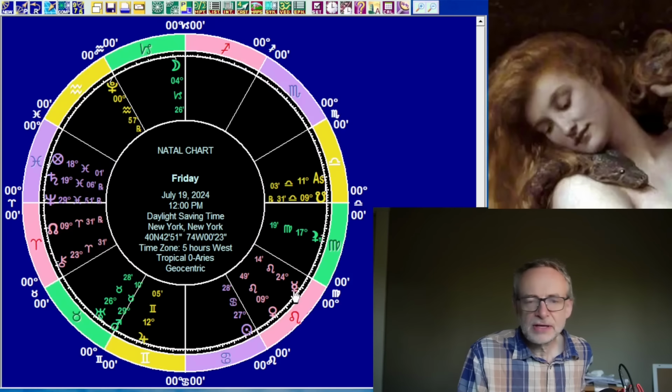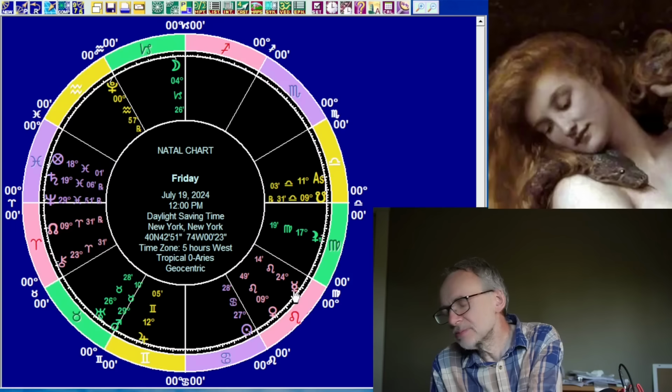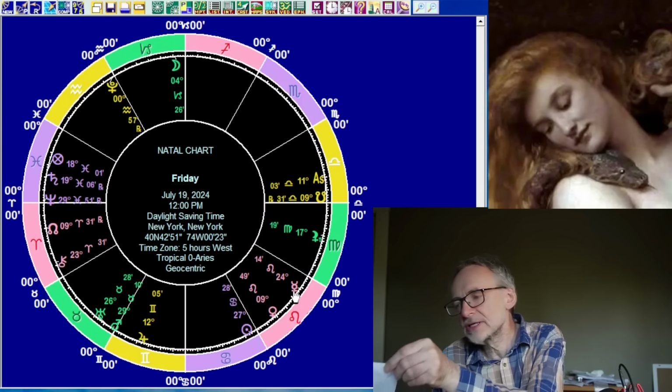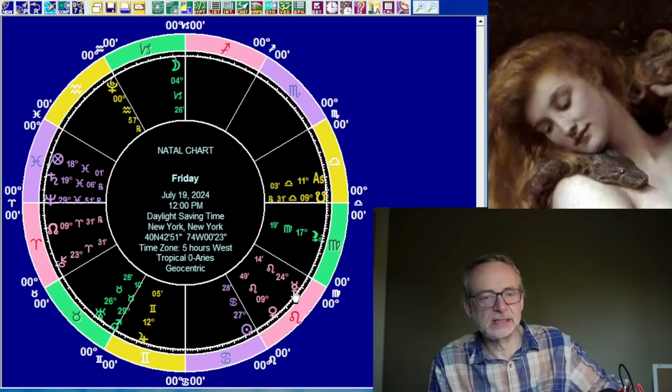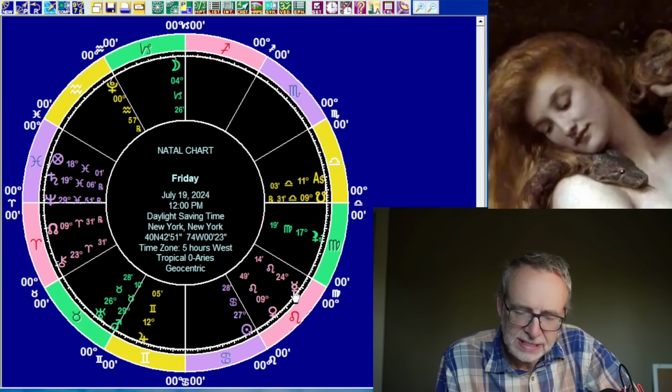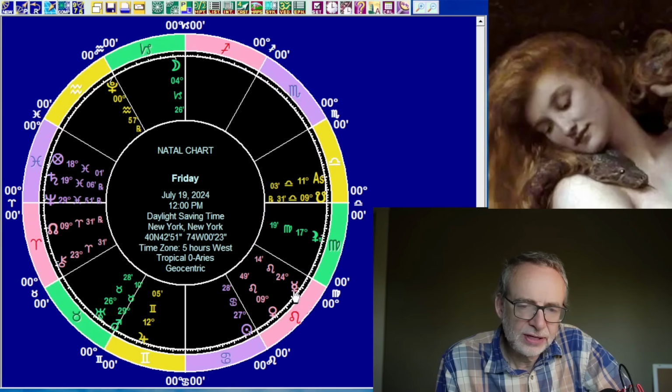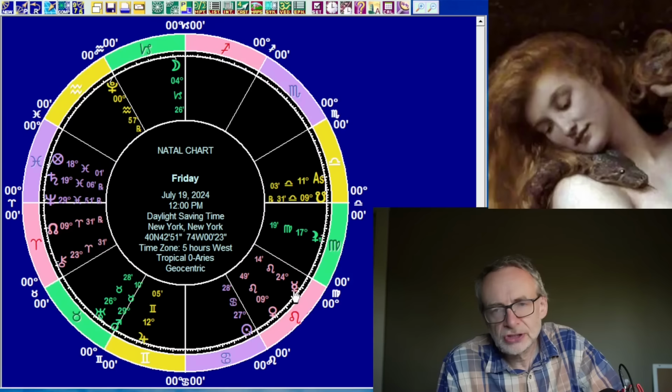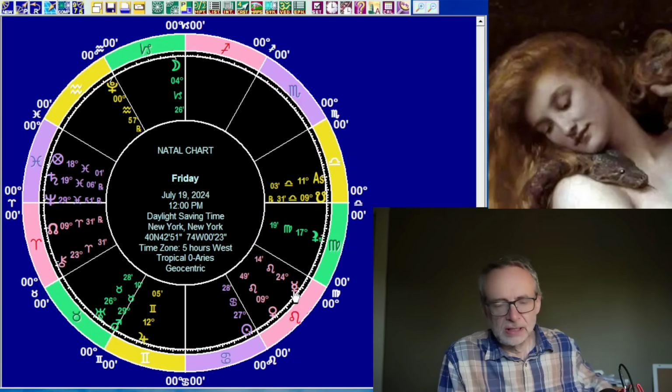Now, there is another thing going on with Jupiter. You'll notice that Jupiter is at 12 degrees 5 minutes Gemini. So there is something about that degree in terms of Jupiter and its strength.